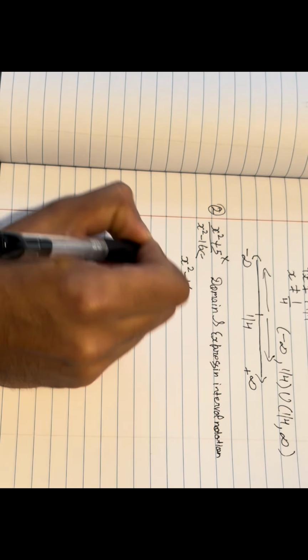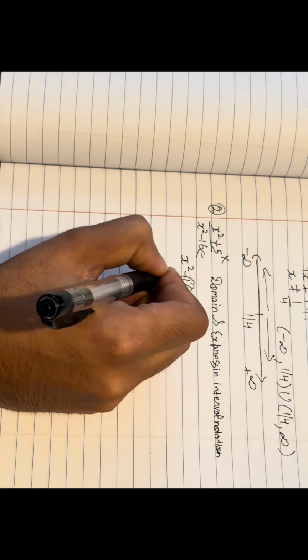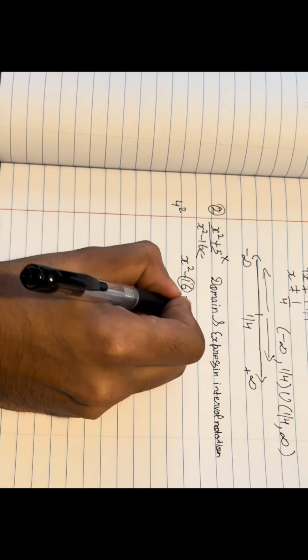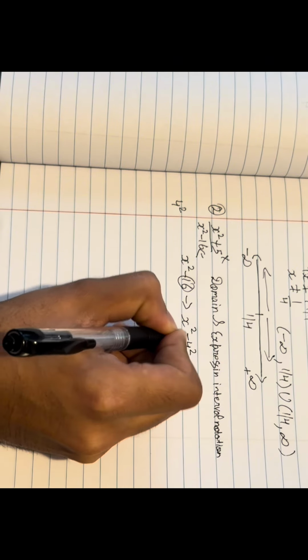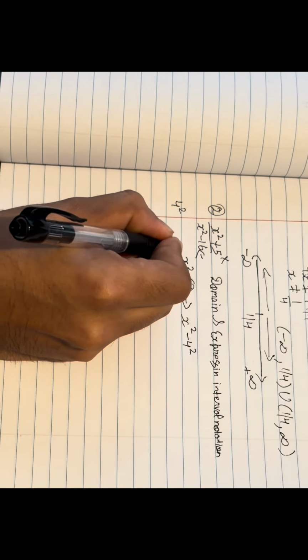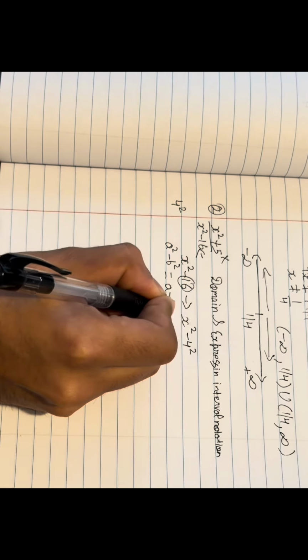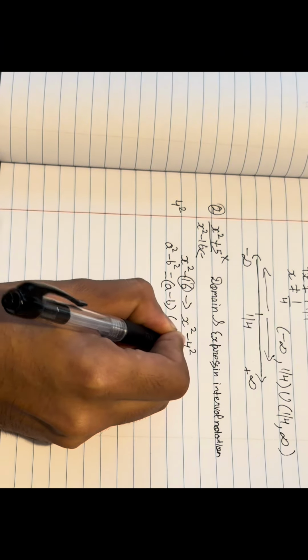x square minus 16. How can I write this 16? Can I write 16 as 4 square? Yes, I can. So I can write it as x square minus 4 square. If you don't know the formula of a square minus b square, I'll write it for you: a square minus b square is equal to a minus b, a plus b.